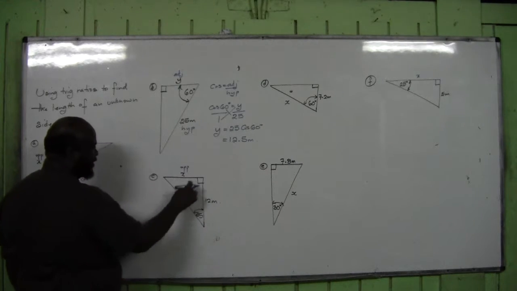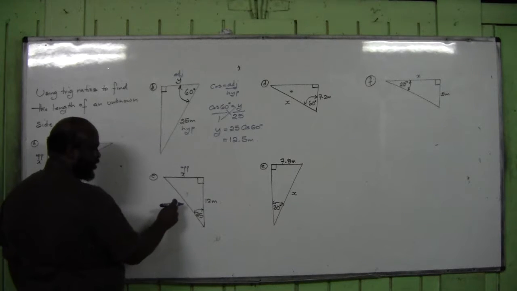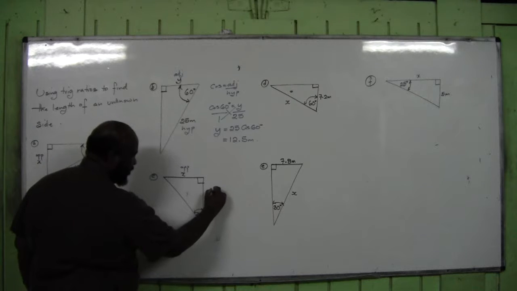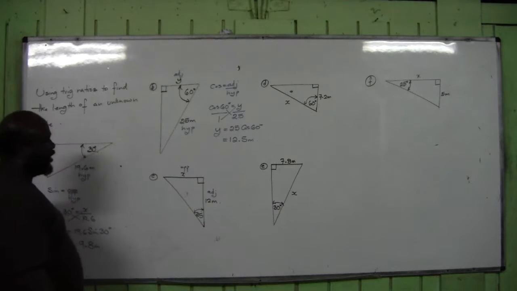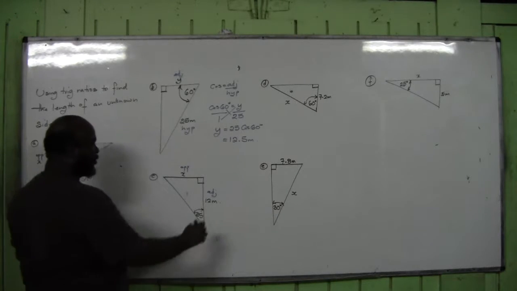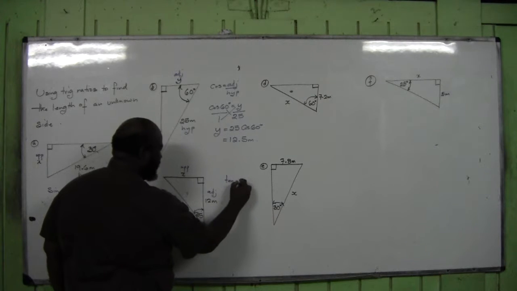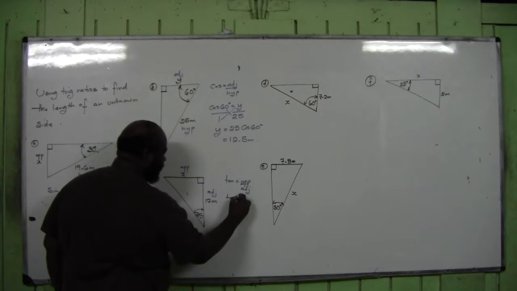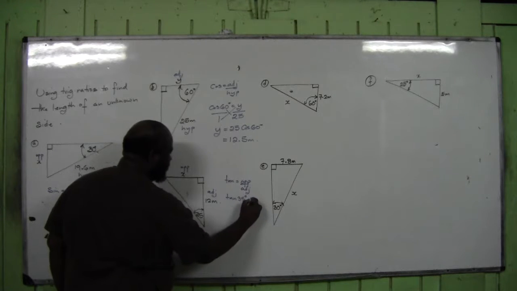The side in front of the right angle is the hypotenuse. So this side must be the adjacent. Which ratio includes opposite and adjacent? I'm going to say tan is equal to opposite over adjacent. So the tangent of 35 degrees.